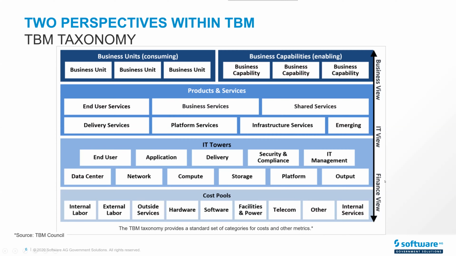And if we remember that there are financial views down here at the bottom, the IT views typically occupy the middle layers of the taxonomy, and the business views are once we get to the business units and the business capabilities, we can account for the costs that roll up. And it's not just an accumulation of cost.